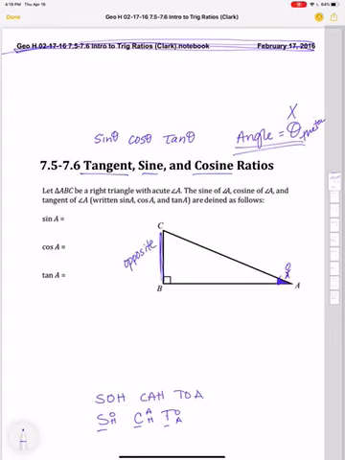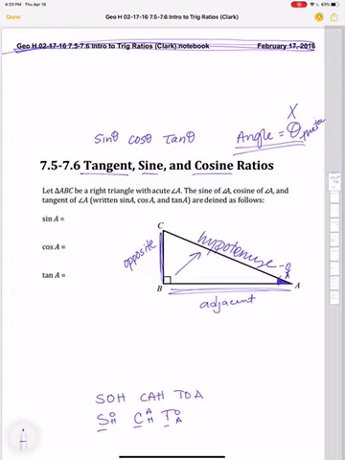And if I'm standing here still, this side right here is adjacent to me. And this side, across from the 90-degree angle, is, everybody? The hypotenuse. Always the hypotenuse. Always in a right triangle, the hypotenuse is across from the 90-degree angle.